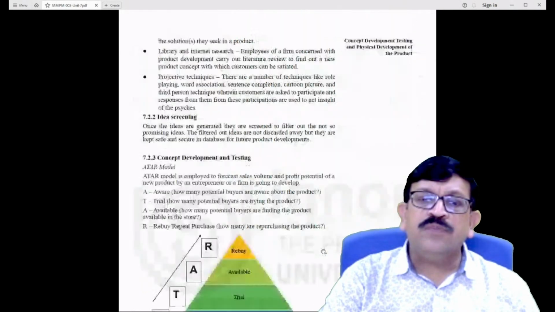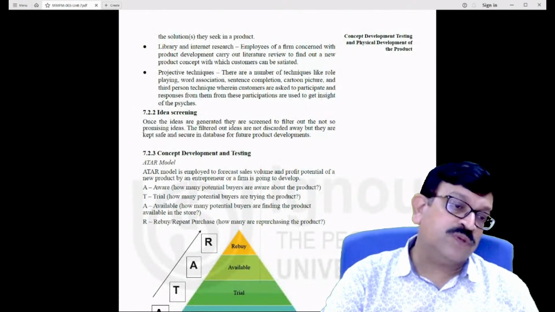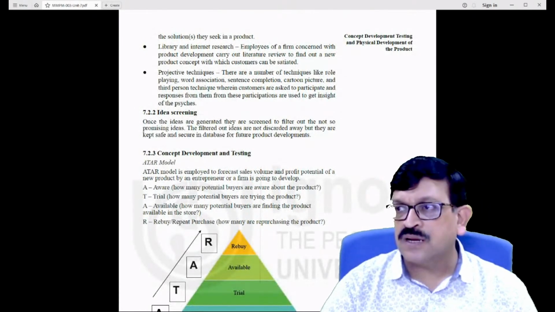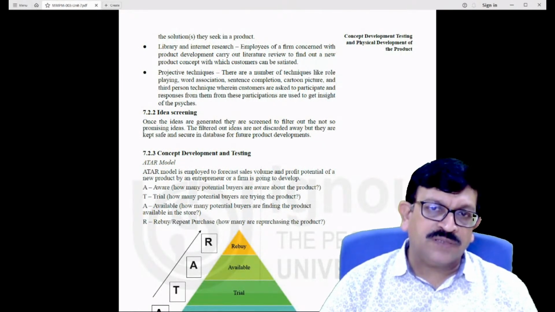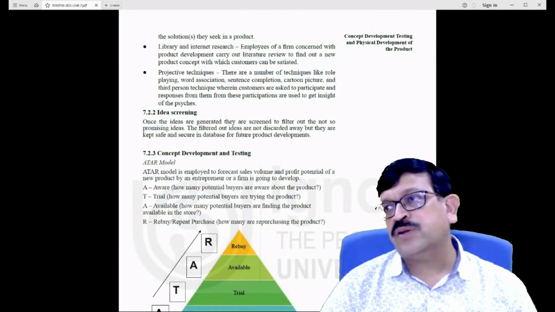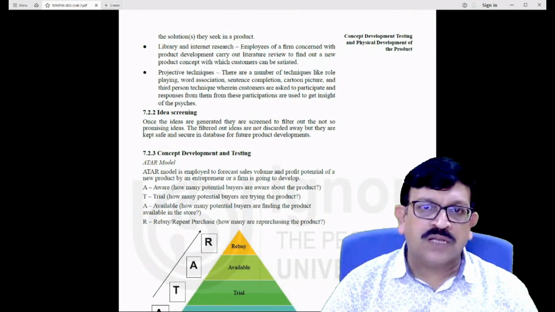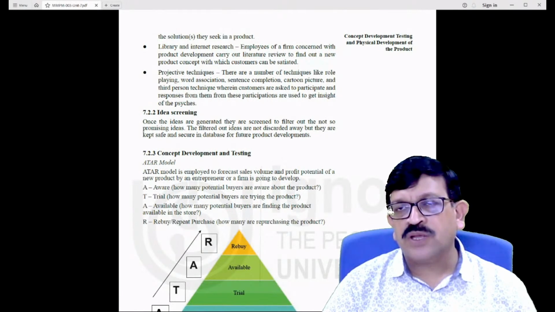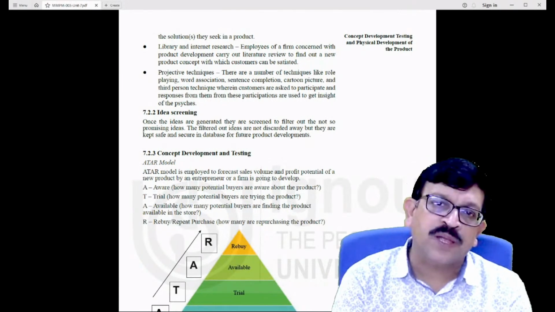Depth interviews. In-depth interviews can be very important: one-to-one interviews with experts and consultants in the industry can help us. For example, if you want to get into something like security systems, we need to know what kind of security systems exist today. We need to talk to the experts as to what kind of new security systems we want to bring into the marketplace.